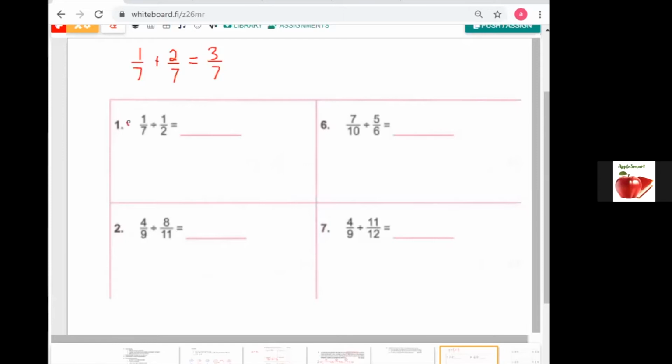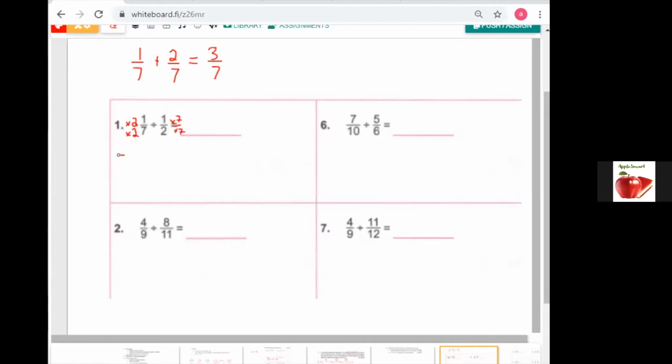So I would multiply, and again, you might not know how to do this yet, but we would be working our way up to it. So I would multiply 1/7 by 2/2. And I would multiply 1/2 by 7/7. So these are 2 separate things.